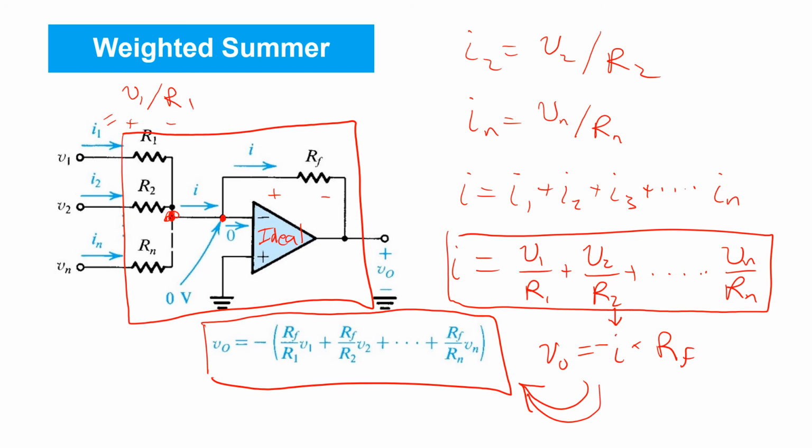And you'll see indeed it's a weighted sum of all the voltage inputs, V1, V2, and so on. We can set the weighting of each term by choosing the value of the resistances, R1, R2, and so on.